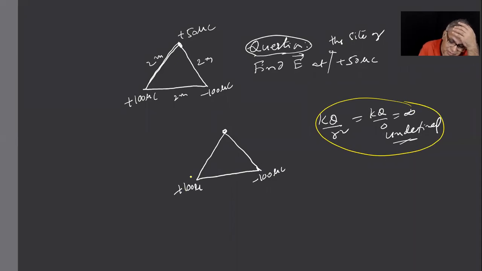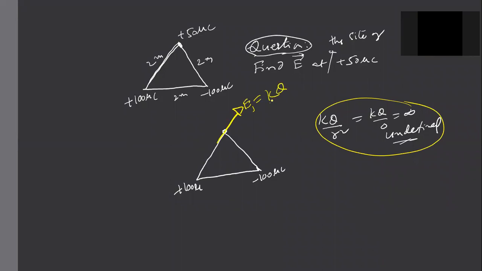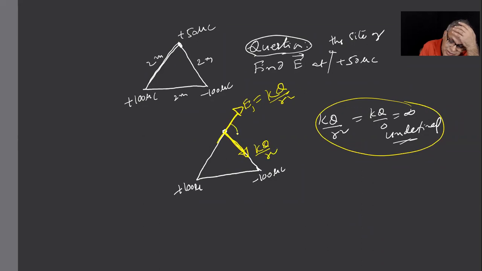So plus 100 field will be which way? This way. E1. How much is that magnitude, children? K Q by R square. And because of minus 100, it will be this way. How much is this? K Q by R square magnitude wise. What is the angle between them? 120.